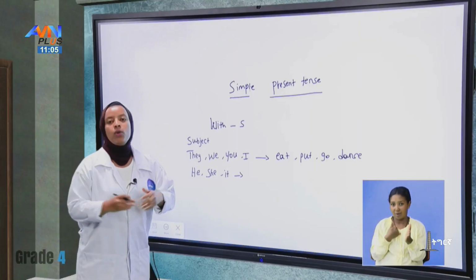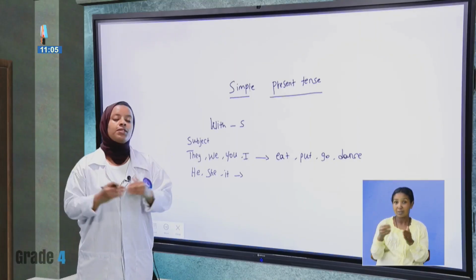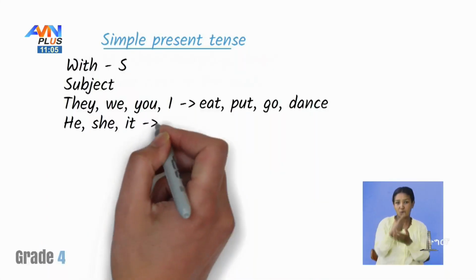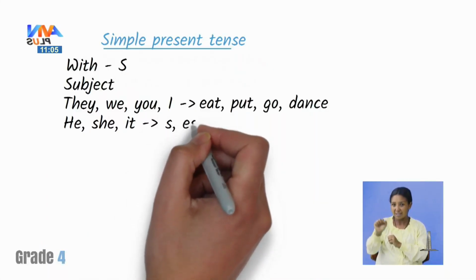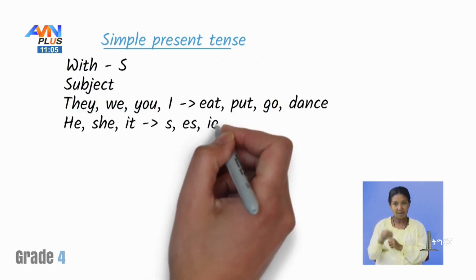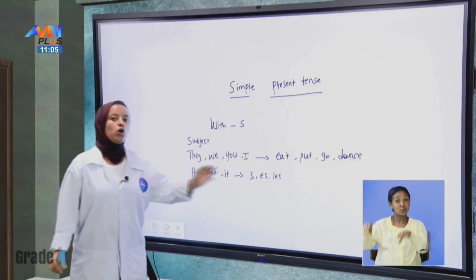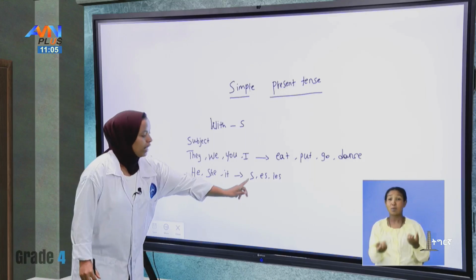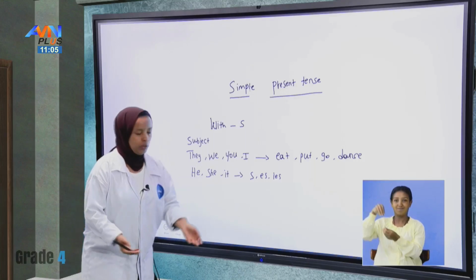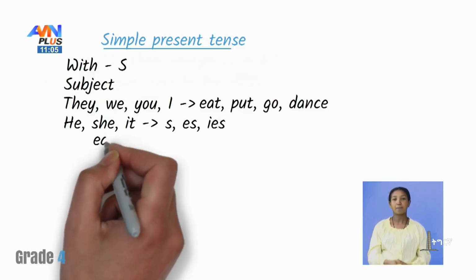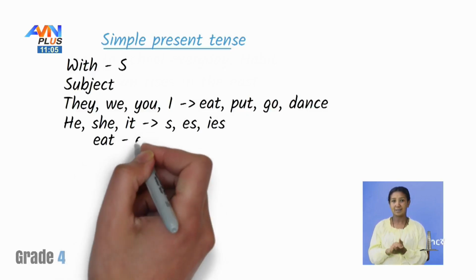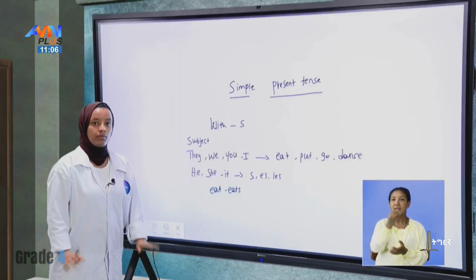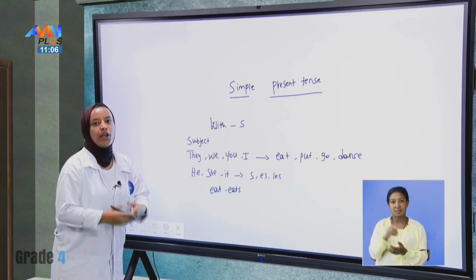Of course, we are going to use base verbs, but with a little change by using s, es, and ies. Students, mostly when we come to singular subjects, we use s. For example, eat, eats. This is easy, and mostly we are using this.